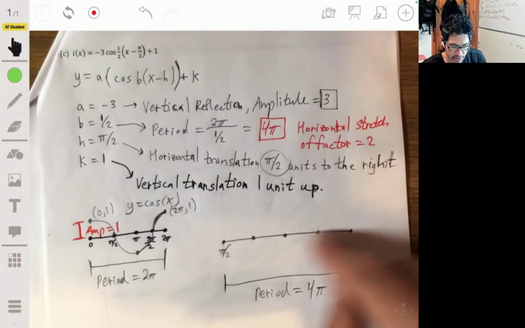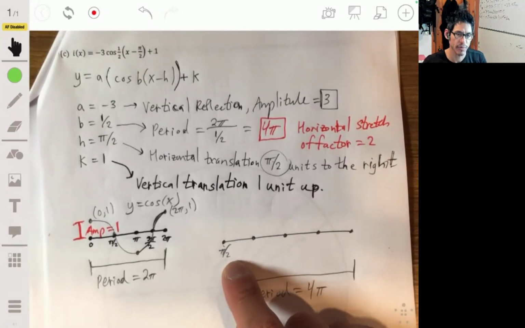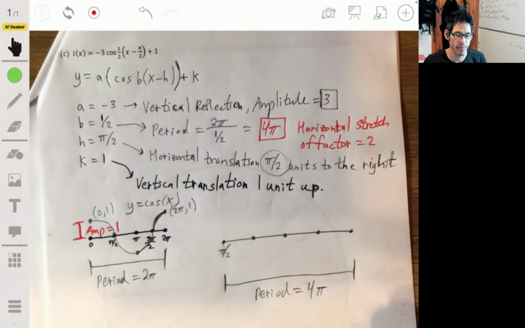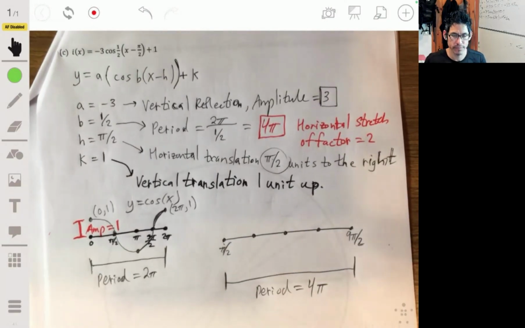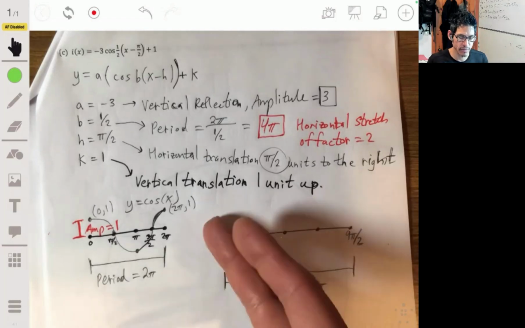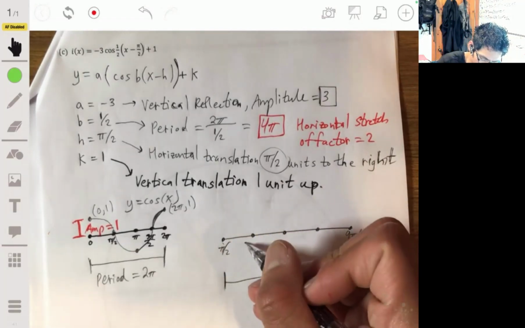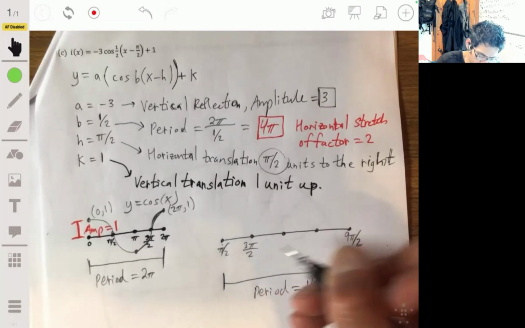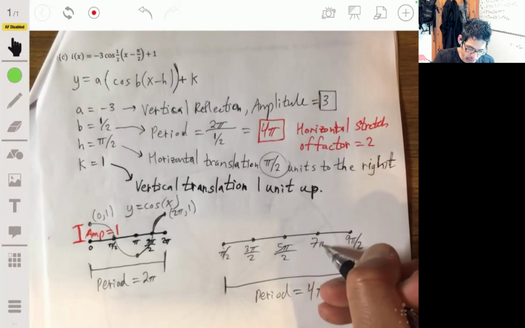Since the length of this is 4 pi, you just add 4 pi to pi over 2, which is 4 pi and a half, or 9 pi over 2. And these are all just 1 pi apart from each other. 3 pi over 2, 5 pi over 2, 7 pi over 2.